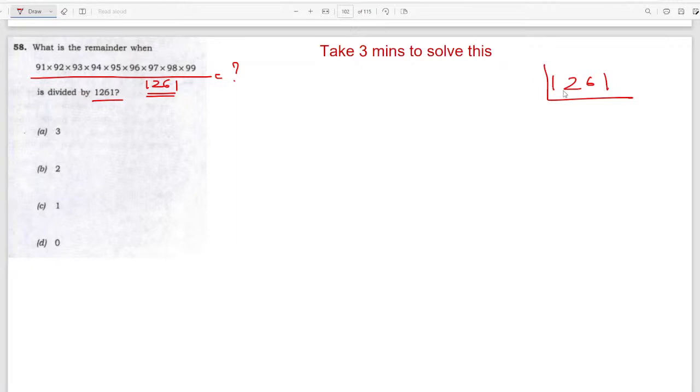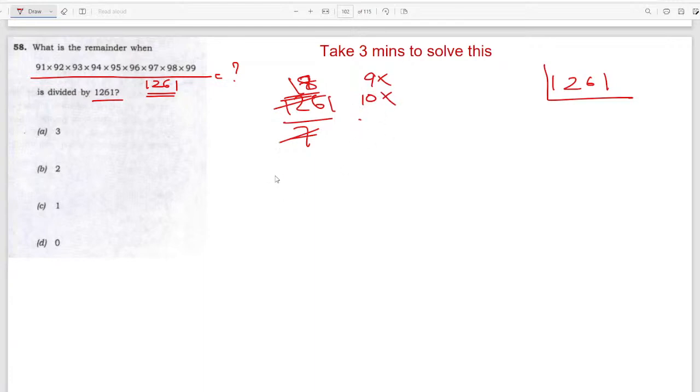I'll check with 7: 7 sevens are 49, 7 eights are 56, and then there is a remainder of 1, so it is not divisible by 7. It's not divisible by 8 because it is odd, not by 9 because the sum of the digits is 10, and not by 10.